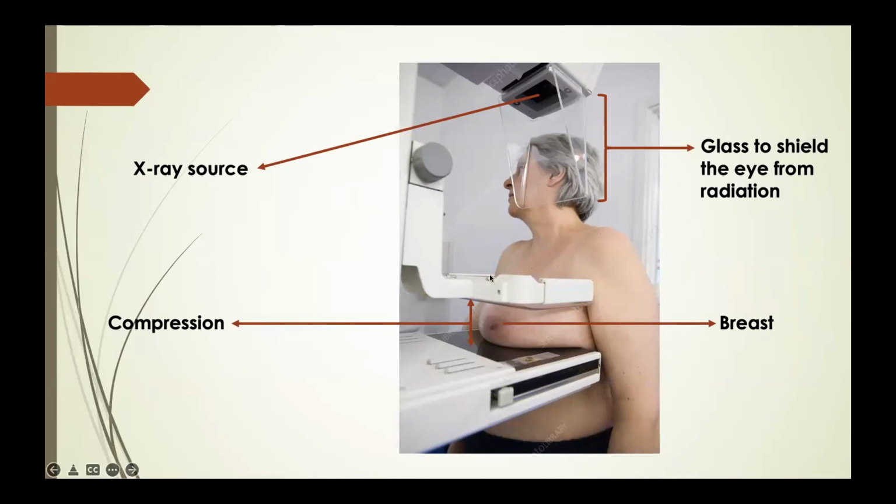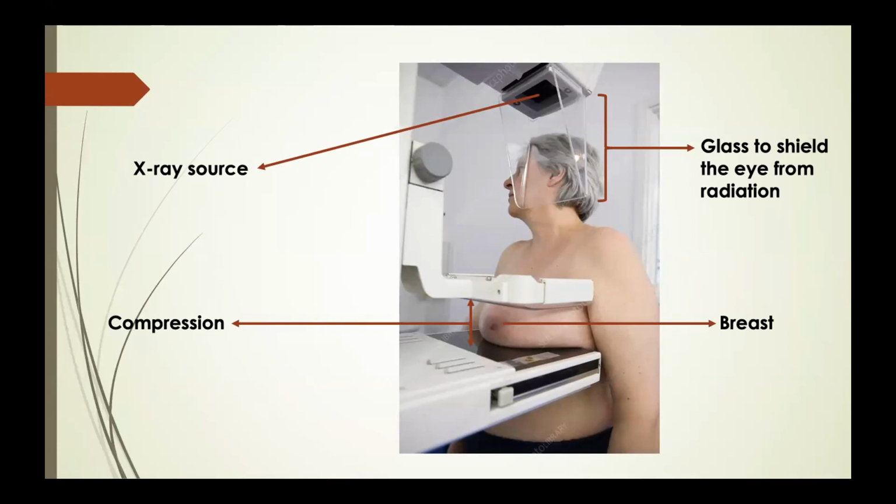And then this device is a compressor that is used to compress the breast. It's also a technique used to limit the amount of radiation the breast receives. We compress the breast tissue so that the radiation goes in and out.